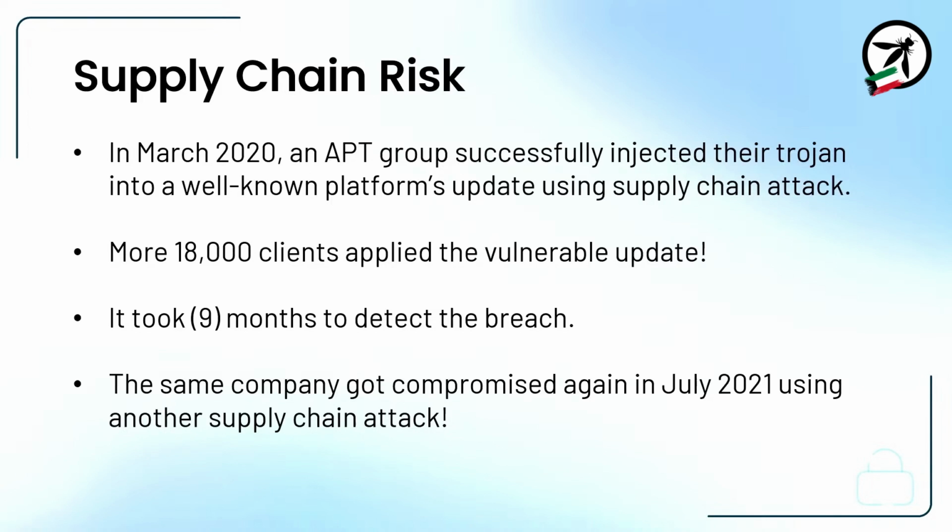When we say 18,000 clients, they are governmental institutes, big companies, even cybersecurity companies. It took 9 months to detect the breach. The same company got compromised again in July 2021 with again a supply chain attack.